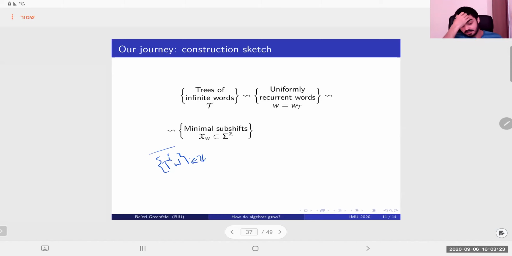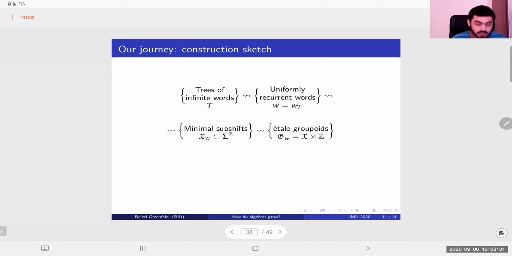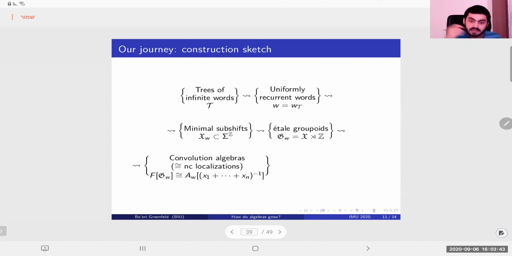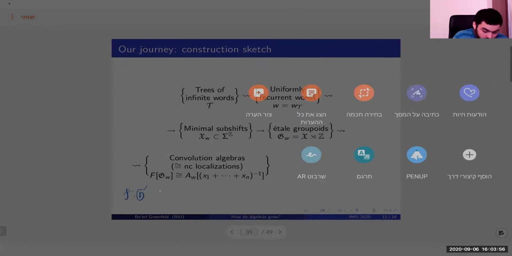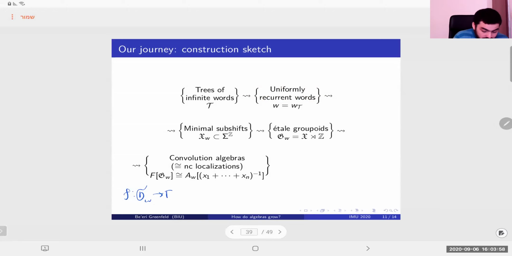And it is known that since your word is uniformly recurrent, you have a minimal subshift, out of which you can construct what is called the étale groupoid. I don't want to get into the definition, but it is some kind of a topological groupoid that encodes dynamical properties of the subshift. Then you get back from symbolic dynamics to non-commutative algebra by considering the so-called convolution algebra, which is just the algebra of compactly supported functions defined on this groupoid.